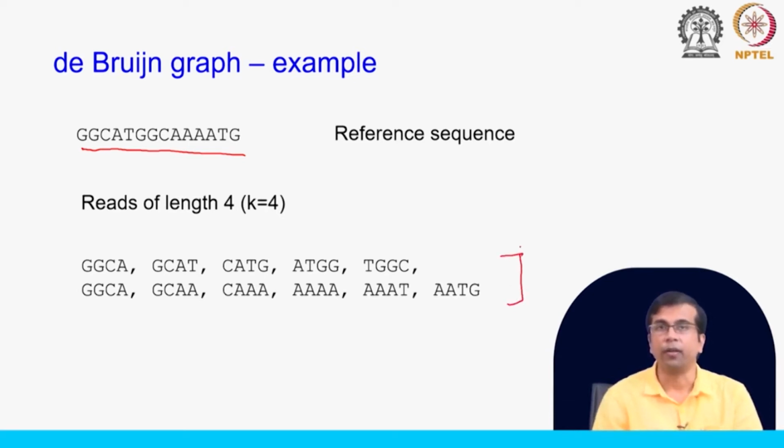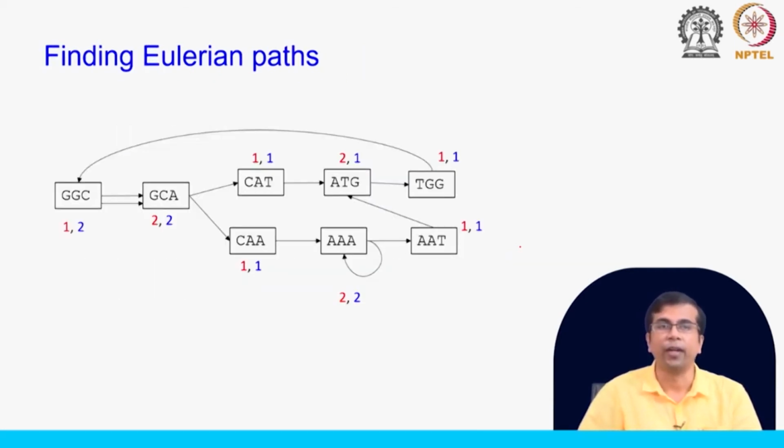What we do now is, from these k-mers we generate the left and right k minus 1 mers, as we discussed; this is the first step. From those k minus 1 mers we generate this directed multigraph. We generated this directed multigraph in the last class, so I am not going to go into those steps again.